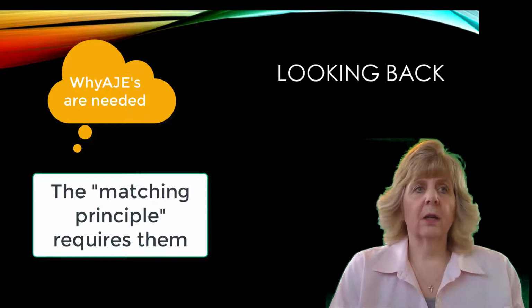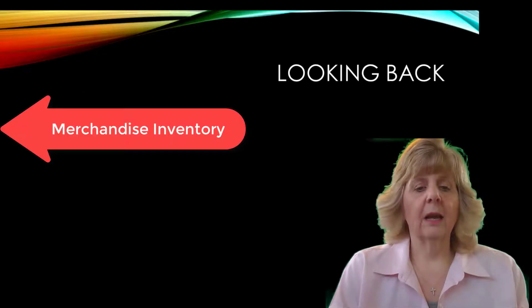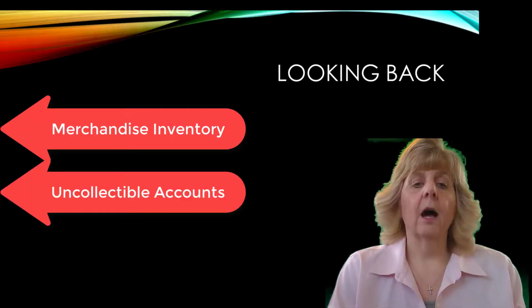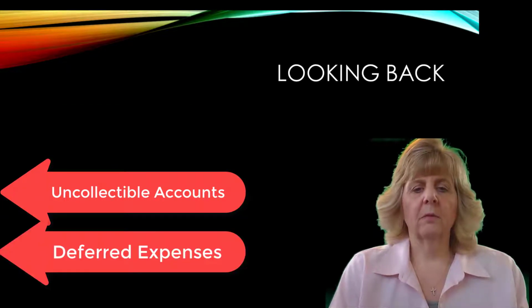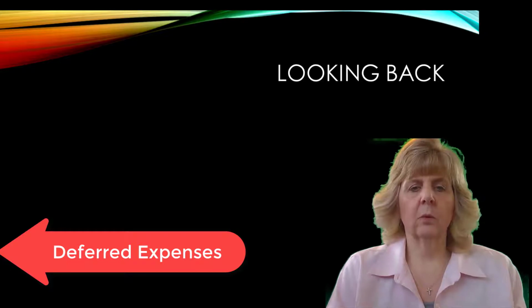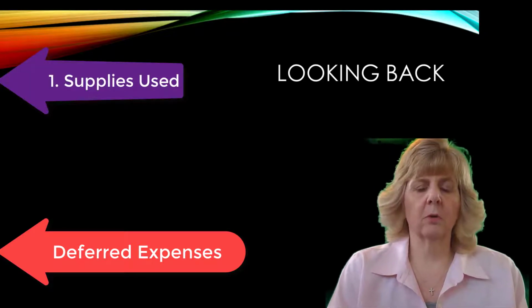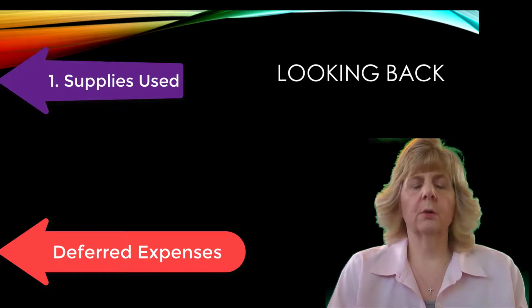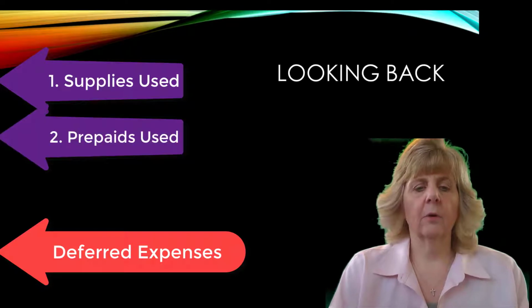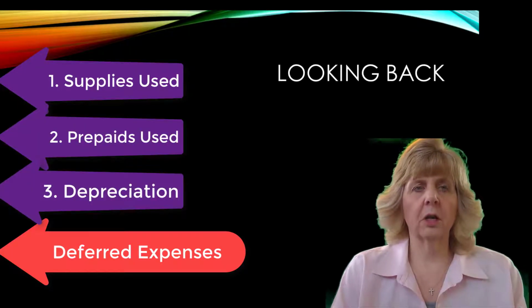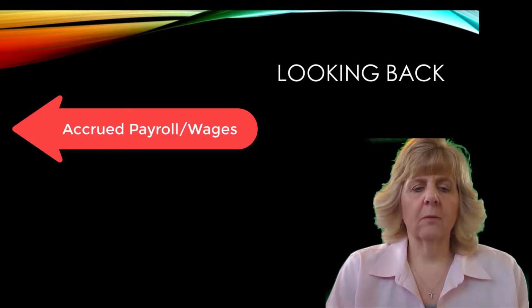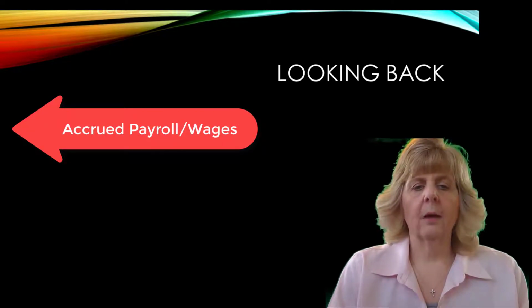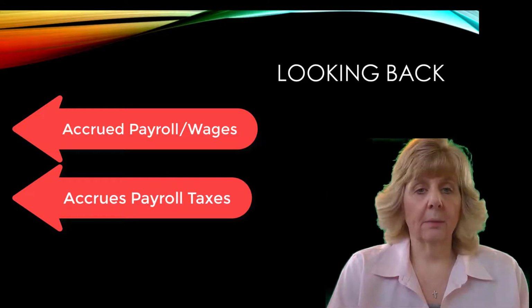In the last video, we talked about an inventory adjustment, a loss on uncollectibles, three types of deferred expenses reviewed in previous chapters, which would be the journal entries for supplies, for the prepaids, and for depreciation. In addition, we went over the adjustment for accrued payroll and the related taxes that go with it.